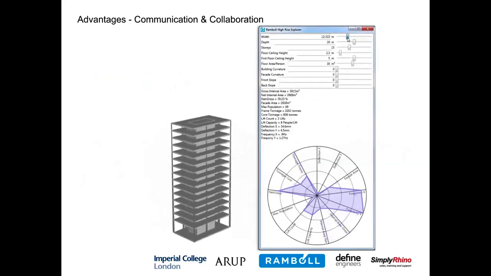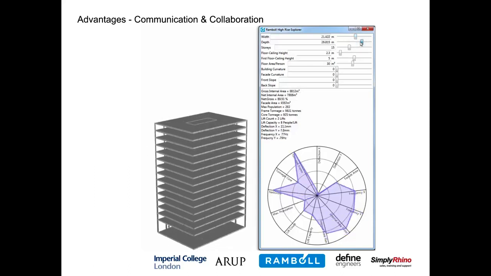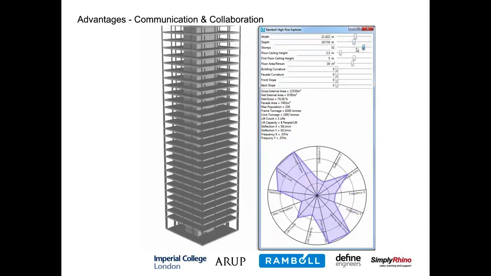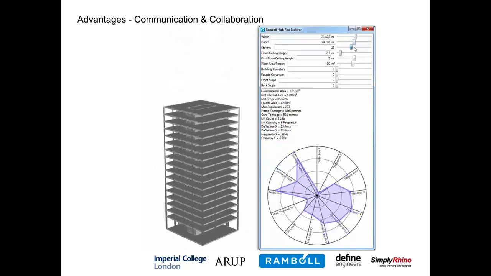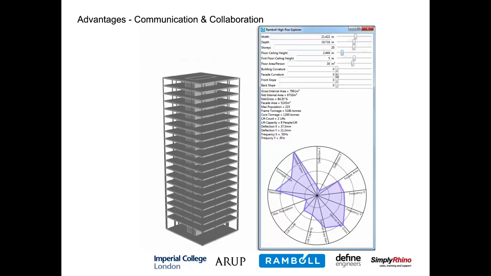Finally, it helps to communicate and collaborate, and actually helps you to enhance the overall design. So this is something that Emily and I hacked together a couple of weeks ago. It's essentially a parametric building analysis tool.